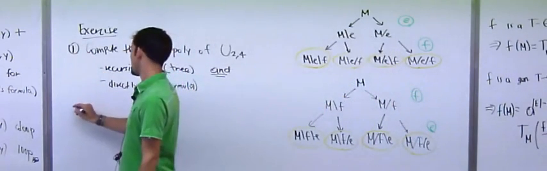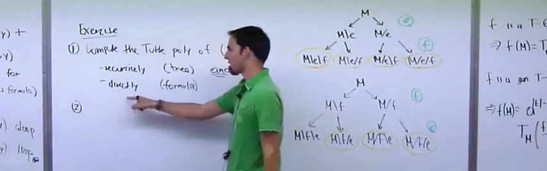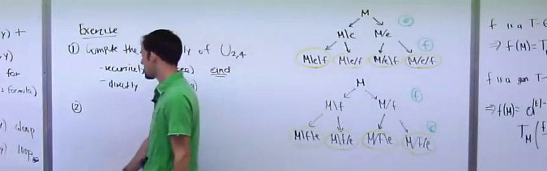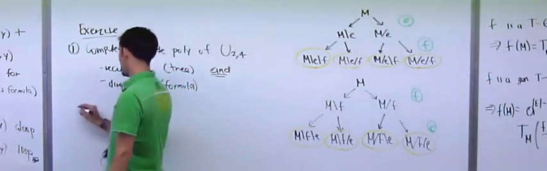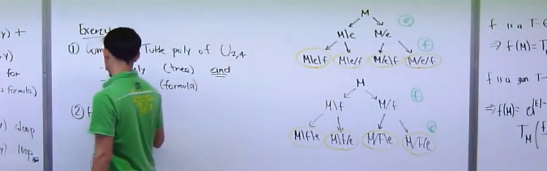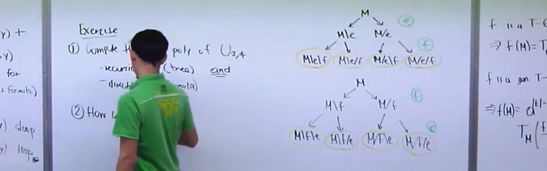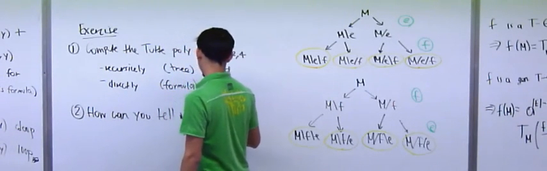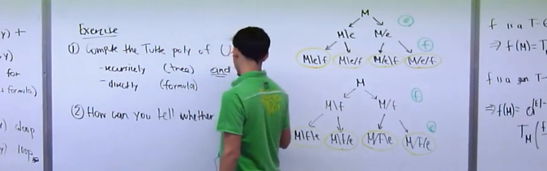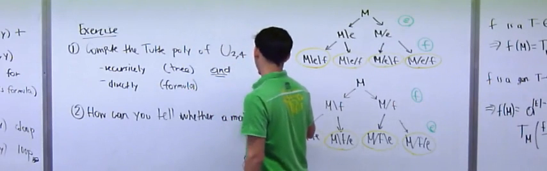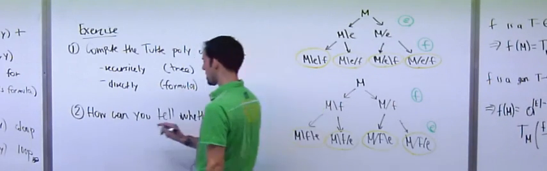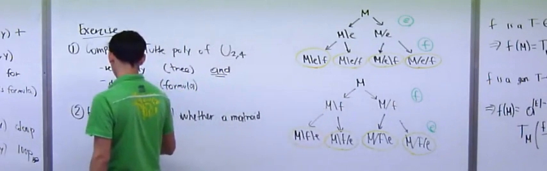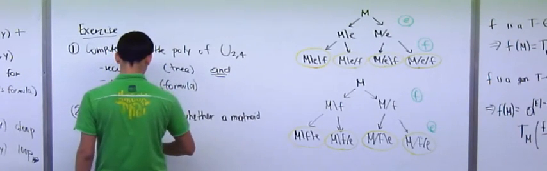When you're done with that, you're going to see that you'll be able to compute. Well, basically what I'll ask you is this. How can you tell whether a matroid M is uniform if I just give you the polynomial.